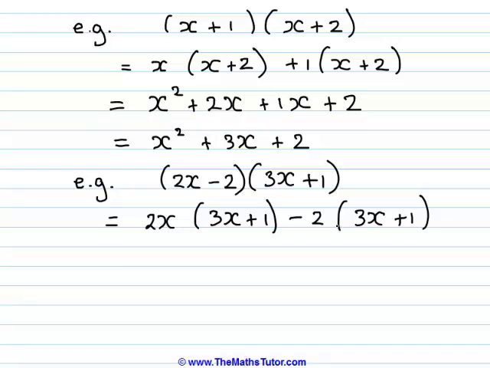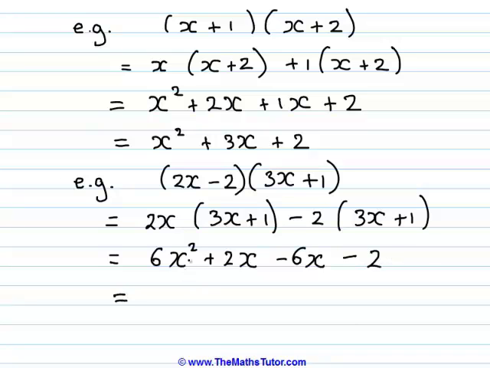So this becomes 2x by 3x, well 2 by 3 is 6, x by x is x squared. 2 by plus 1 is plus 2, x. Minus 2 by 3x, well minus by plus is minus. 2 by 3 is 6, and x, so minus 6x. Minus 2 by plus 1, minus by plus is minus. 2 by 1 is 2.